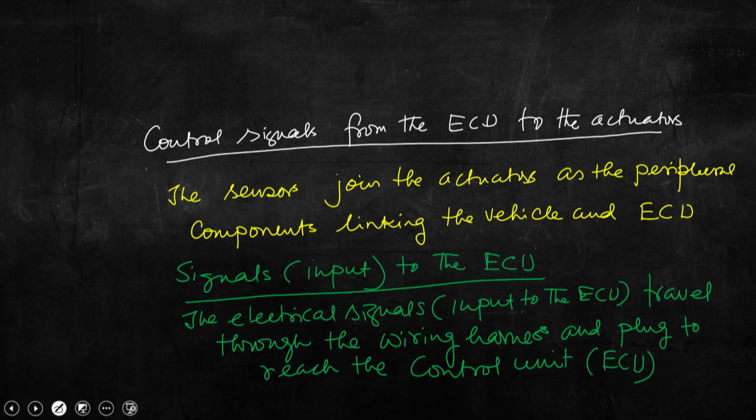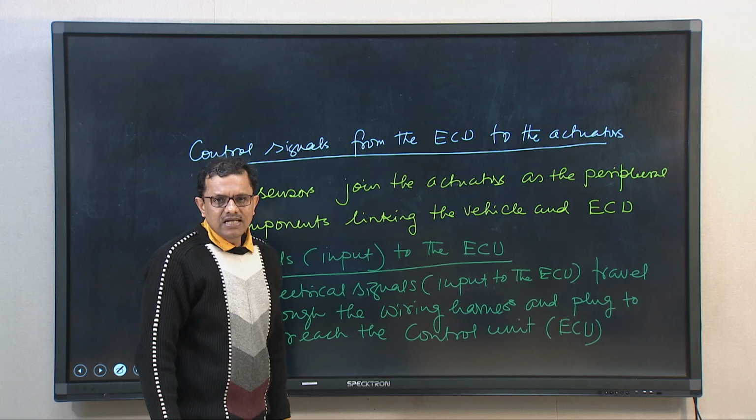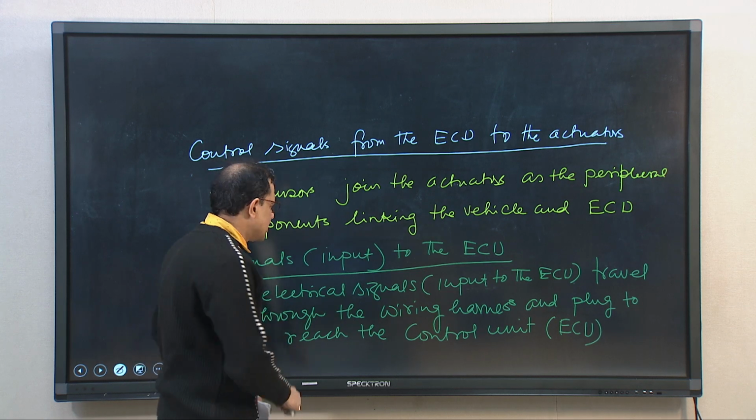As I told you, these input signals can be analog signals, and input signals can be digital signals as well. So, let us briefly discuss these two, and then we will move to another important component.